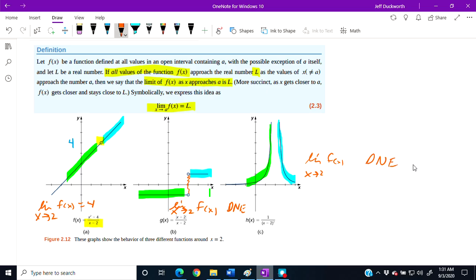Now, we're going to show notation later on where we illustrate this as being infinity, because in both cases it does go to infinity. But according to the strict definition of the limit, there is no limit for graph C as well.